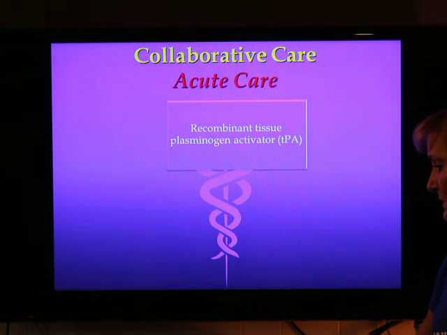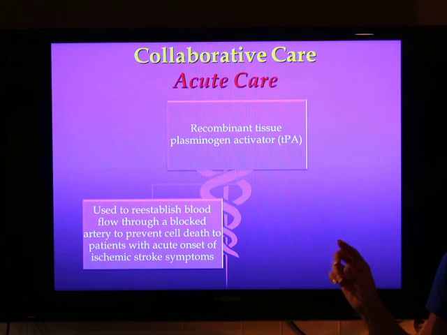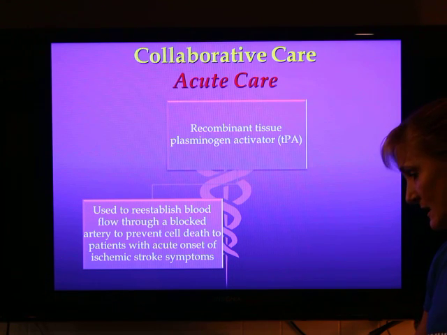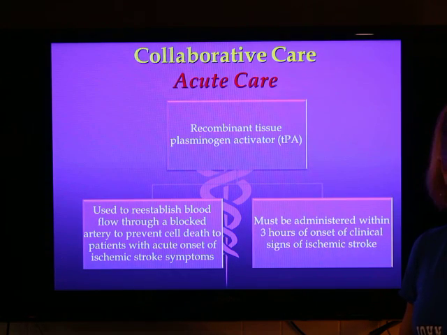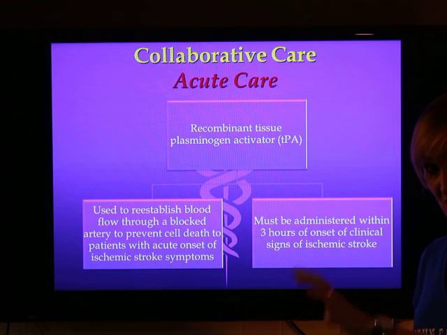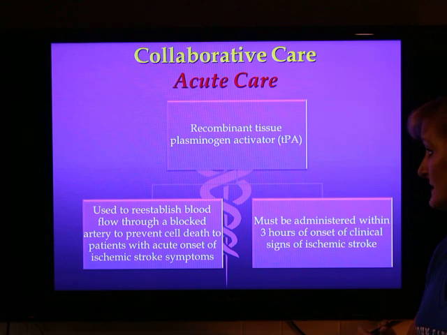So what else do we do? If it is a thromboembolic stroke, we can initiate TPA. TPA is going to reestablish blood flow to the brain and minimize the permanent damage that can occur from the stroke because of ischemia.